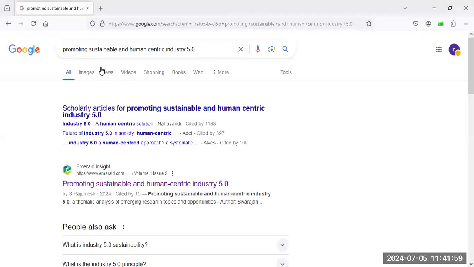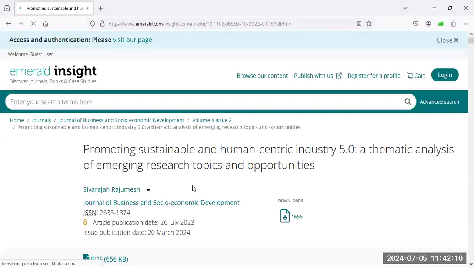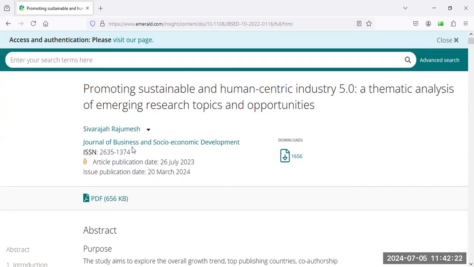Right. So now this is a work on promoting sustainable and human-centric Industry 5.0. This research appears in the Emerald database, right? Promoting Sustainable and Human-Centric Industry 5.0: A Thematic Analysis of Emerging Research Topics and Opportunities. This work is done by me.